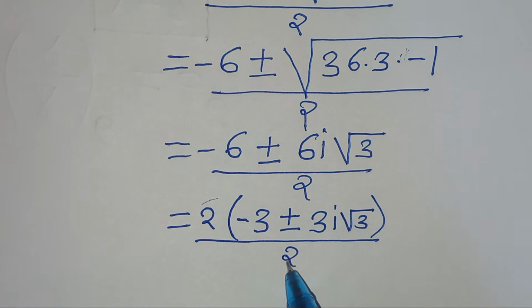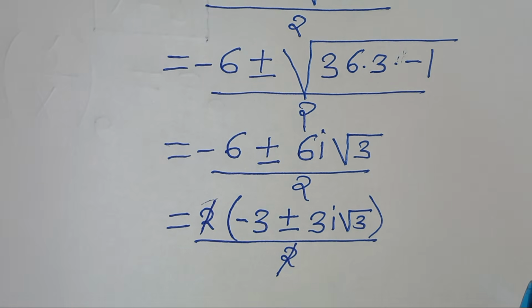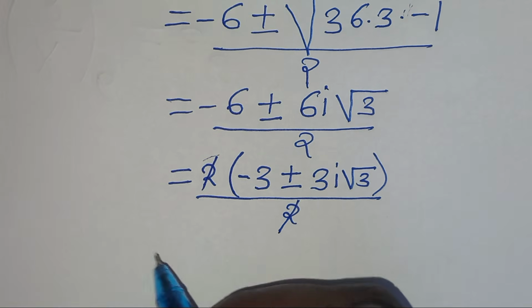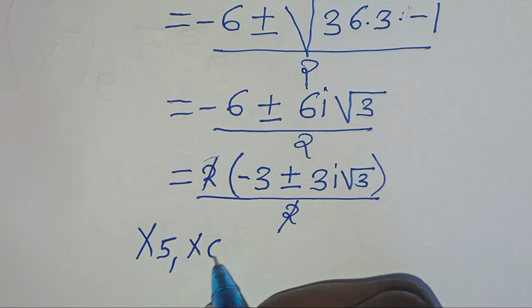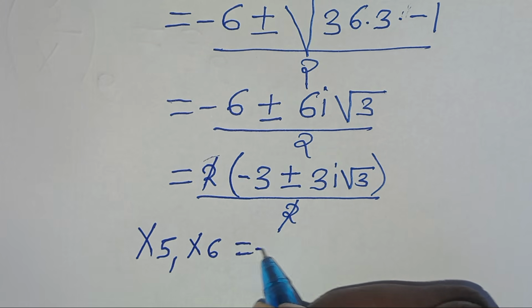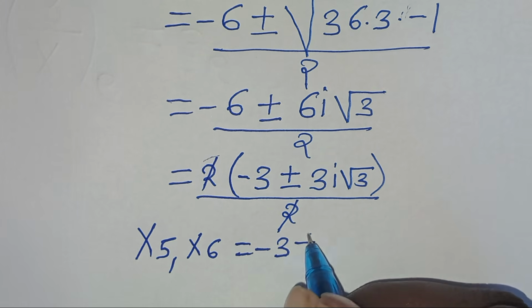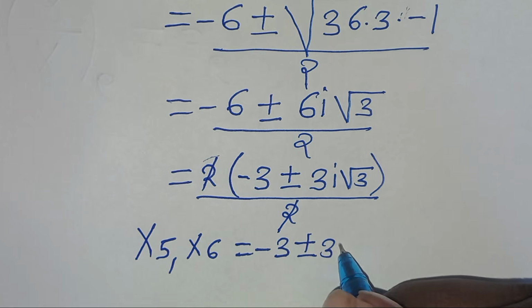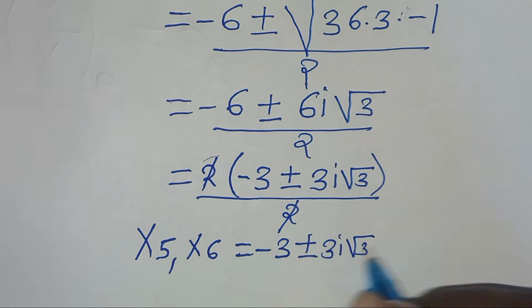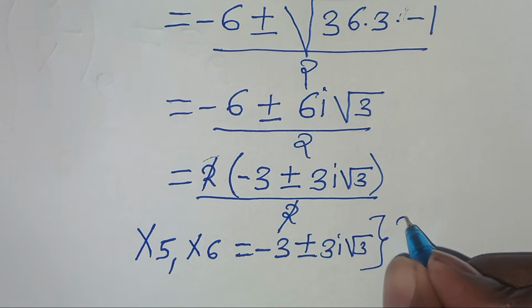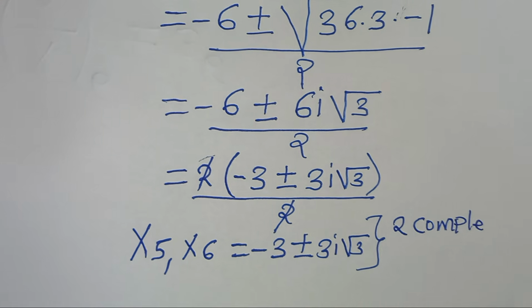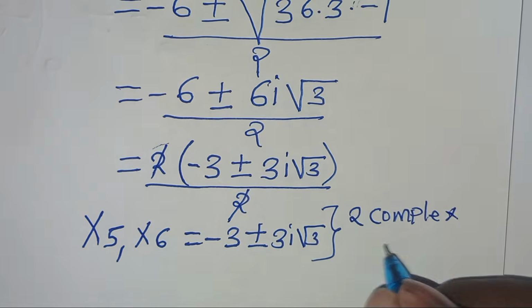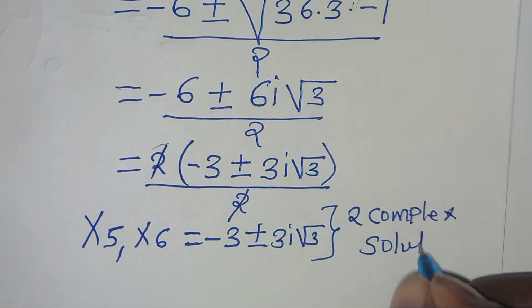So this means we can simplify 2 and 2 here, so that now we have x5, x6 equal to negative 3 plus or minus 3i square root of 3. So again, these are two complex solutions under case 2.